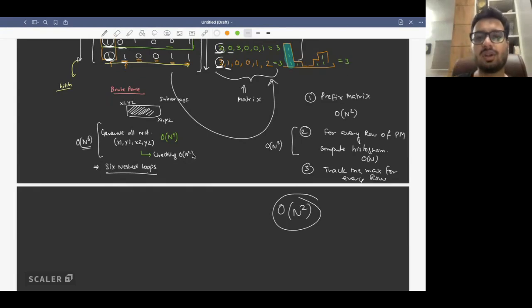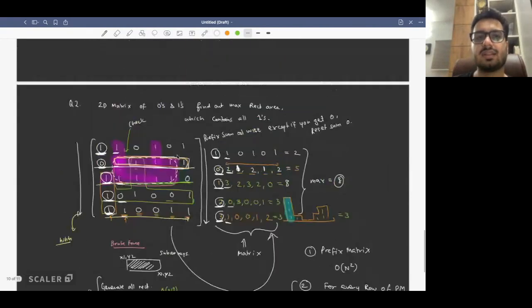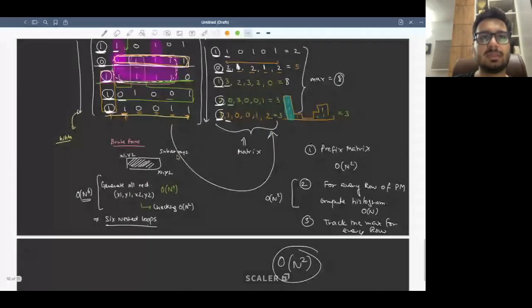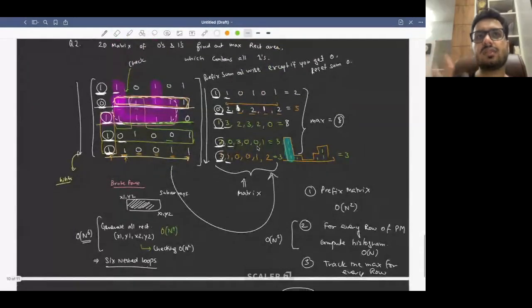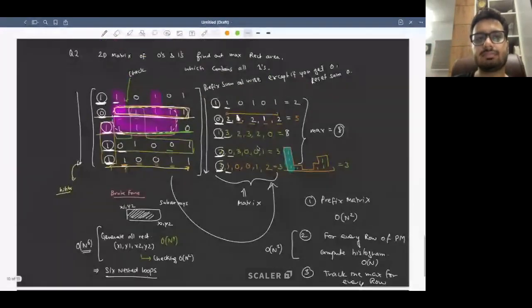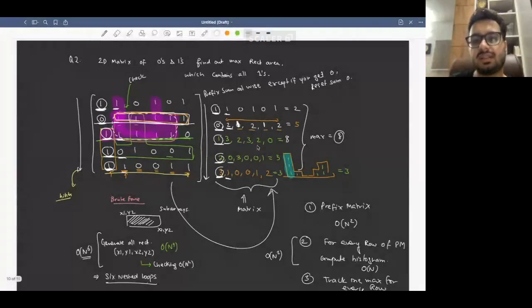Okay, I'll not do the code. Now you can do it, right? It's very much similar, right? This is one famous problem on histogram, right? There are not a lot of problems like these, right?